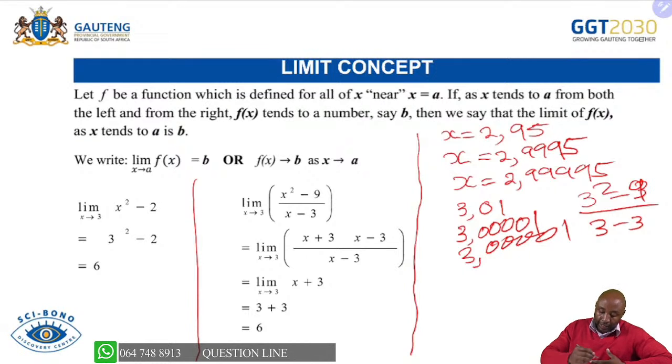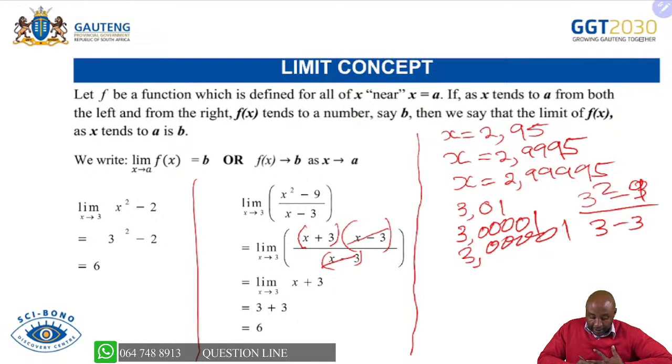You are able to see that you can factorize this. x squared minus 9 is a difference of 2 squares, which will give us x plus 3 and x minus 3 as factors. And you will realize that x minus 3 is the same as the other factor. Those will cancel each other and give us 1, and we will only remain with an expression that can now be written as x plus 3.